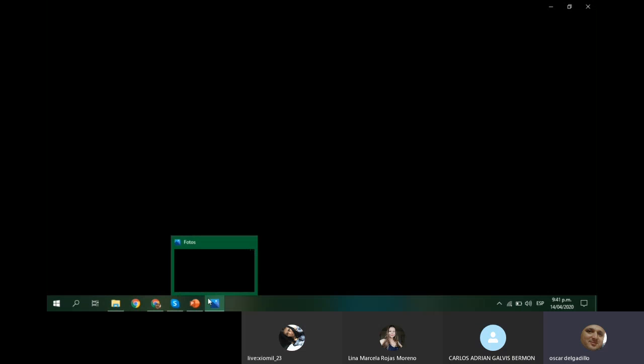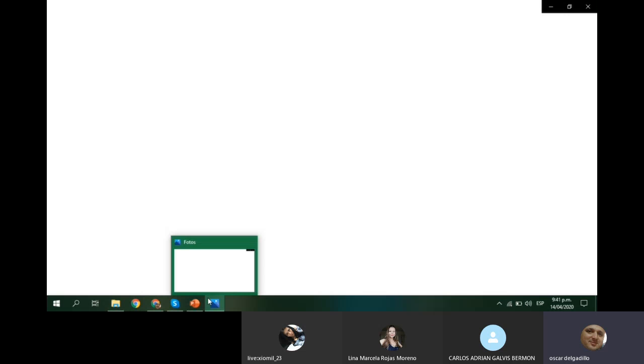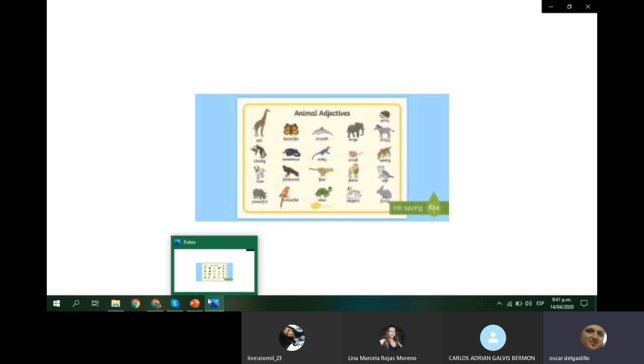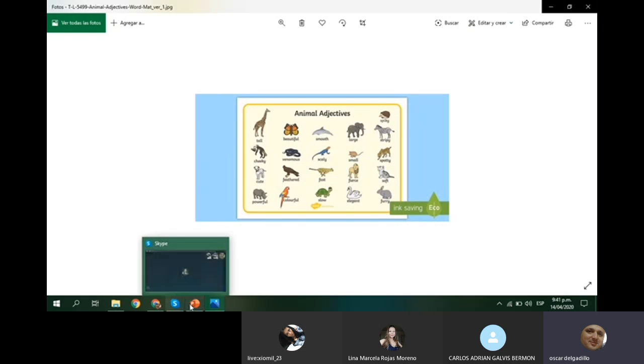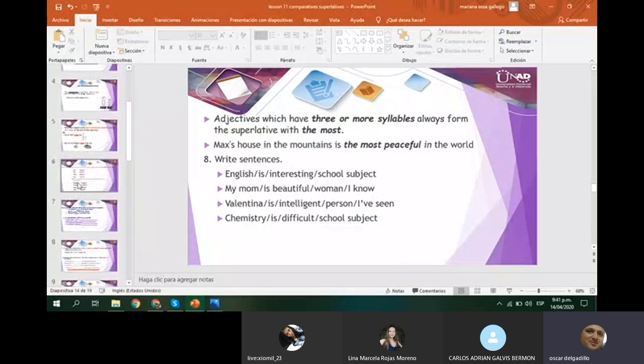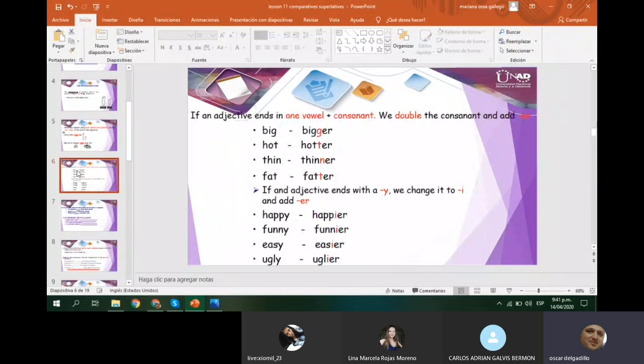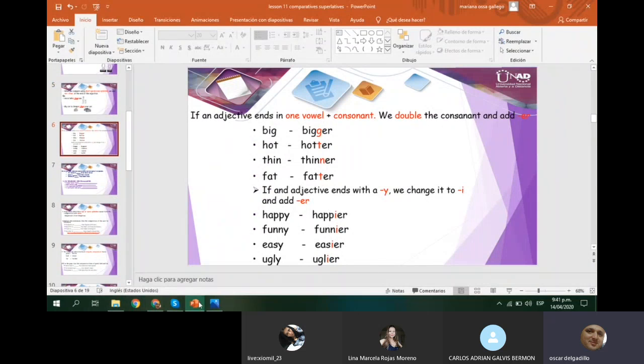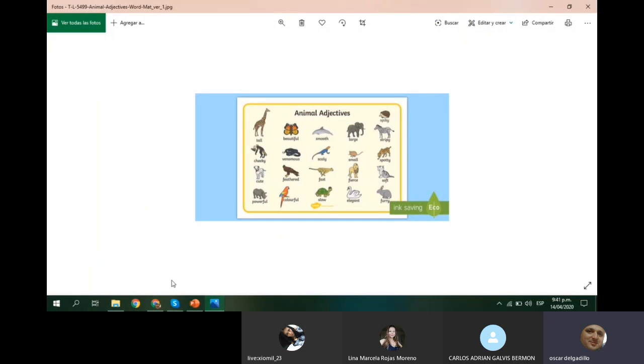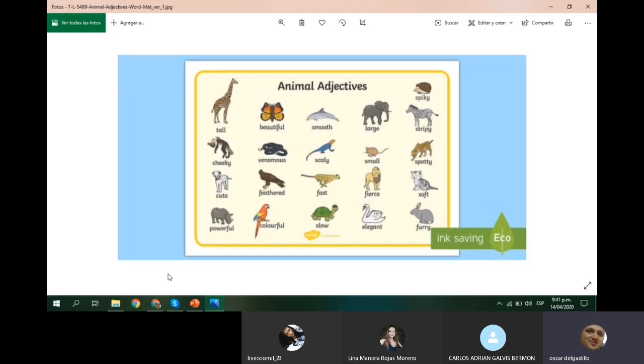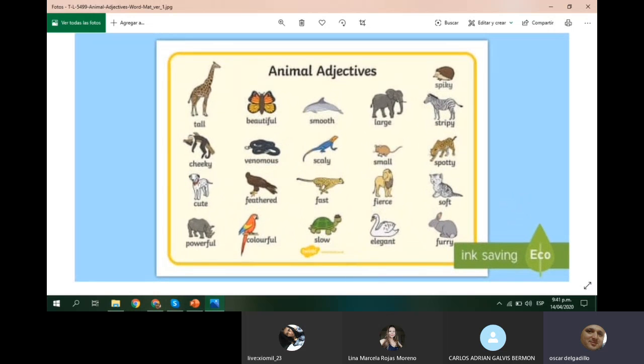Okay, so you have 2 minutes to create the 5 sentences. You can use different adjectives, or I have this picture with some adjectives that you can use, okay?